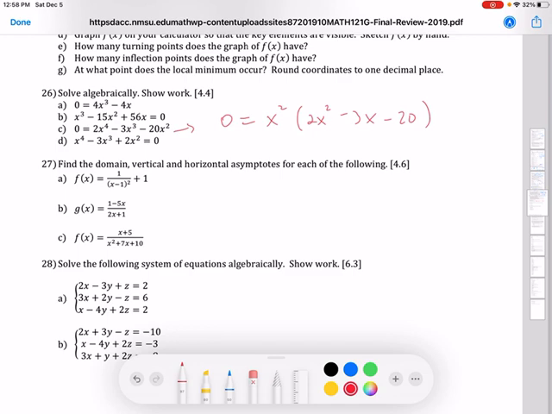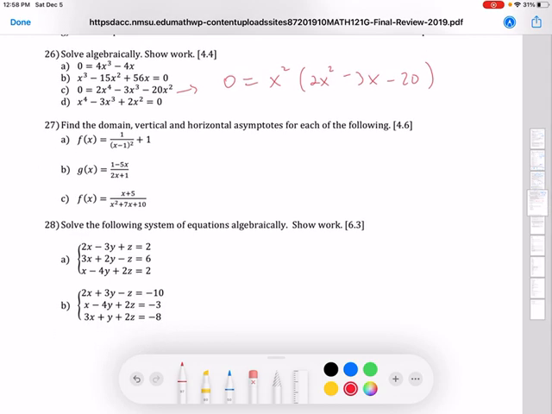And in order for you to factor this, you can use the AC method, or you guys can use the quadratic formula. Okay, so you've been doing that. I think I'll let you guys work on that one.